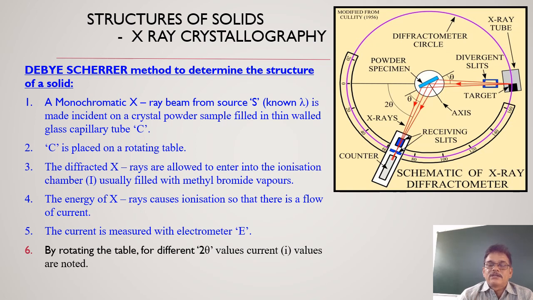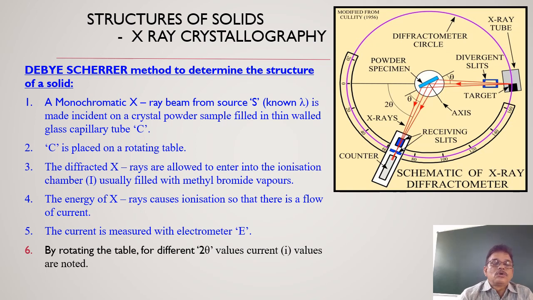As more ions are produced, the current, the I value, will be more. Ionization is more when intensity is more, when the amplitude of the diffracted and interfered rays is more, when they undergo constructive interference. That point must be kept in mind.